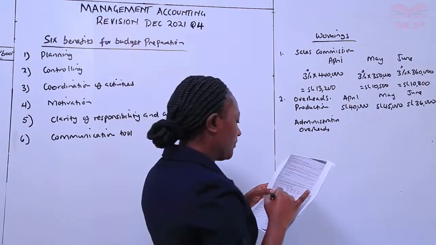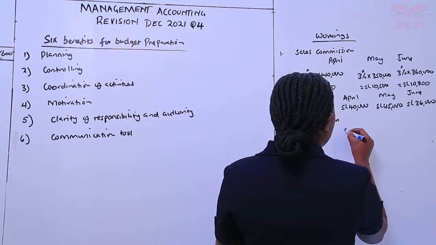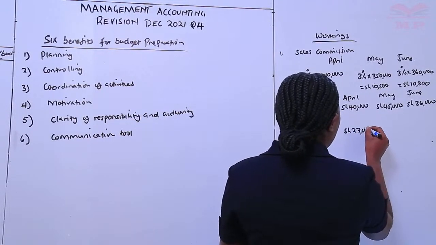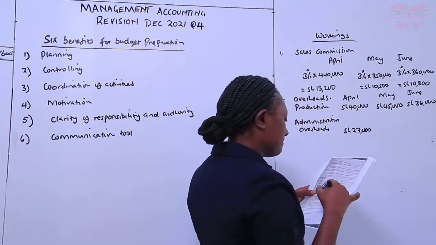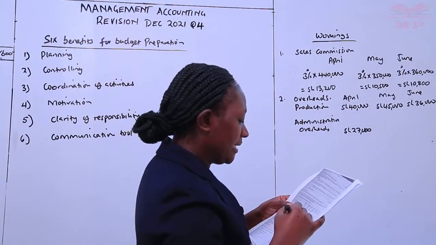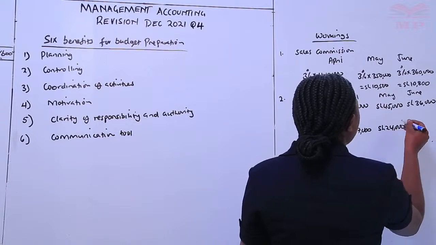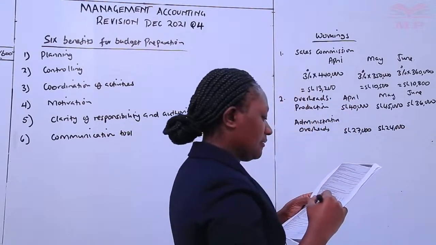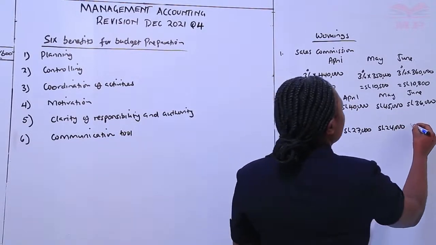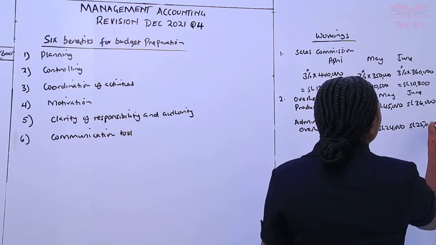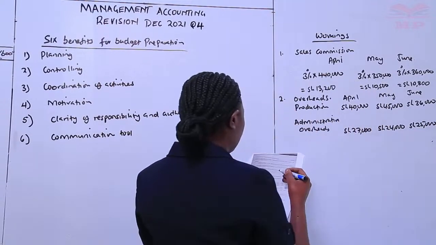So those that were to be paid in March are to be made in April. So we have 27,000. And then the 24,000 for April will be made in May. And for May, 25,000 is to be paid in June.